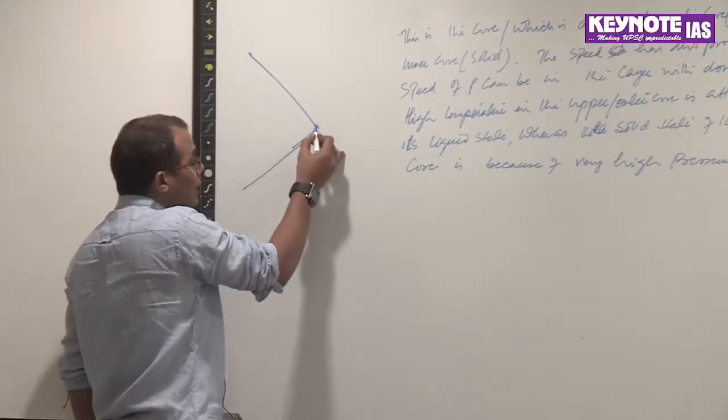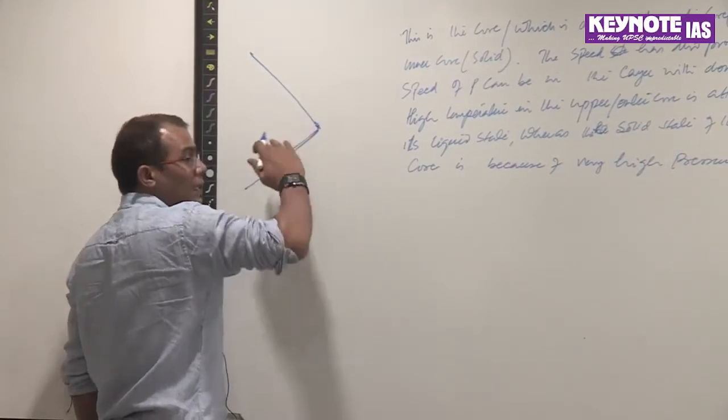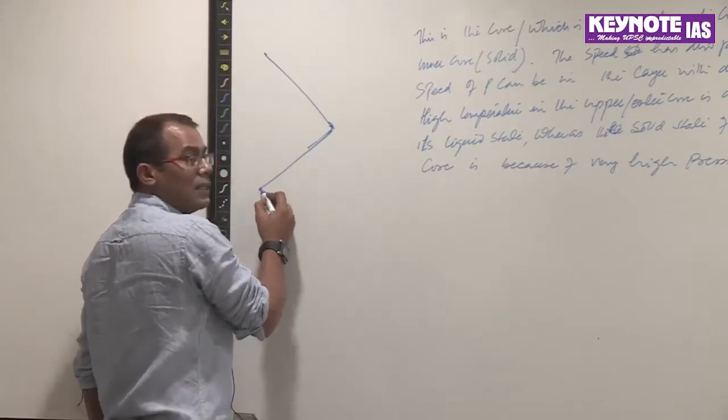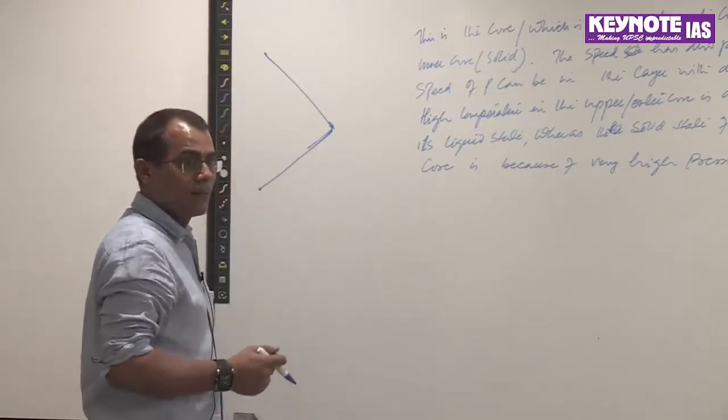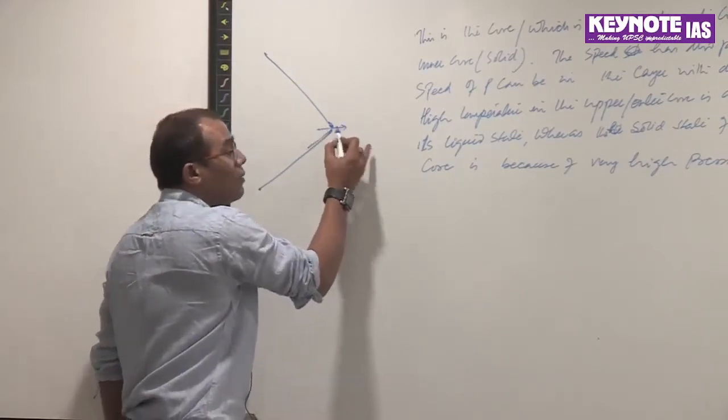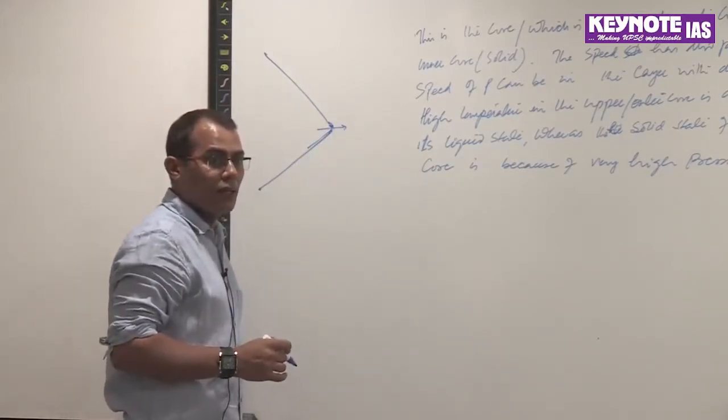Right, and this decrease, since it has already attained very high speed, will remain continuously decreasing. This area has the maximum speed in the solid.